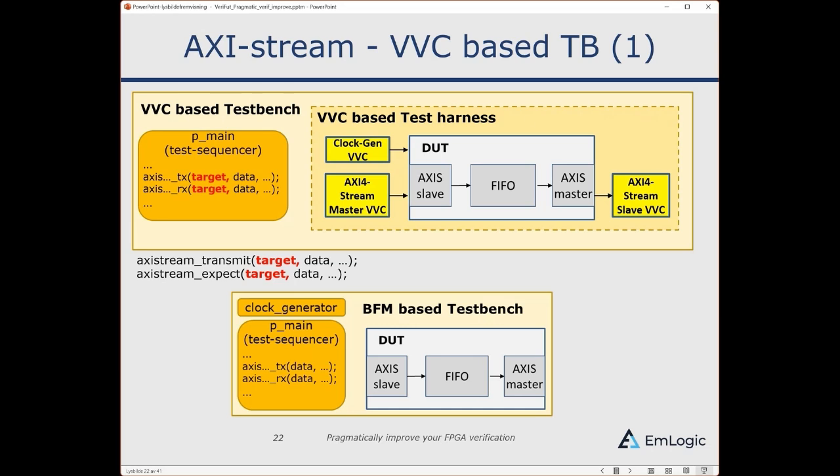We could have a test harness if we want, and we can introduce that without changing anything in the hierarchy, because there are no signals going between the test sequencer and the verification components. They are all global signals handled by the system.